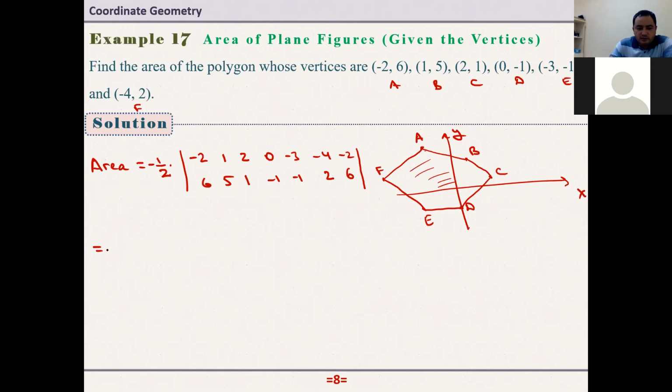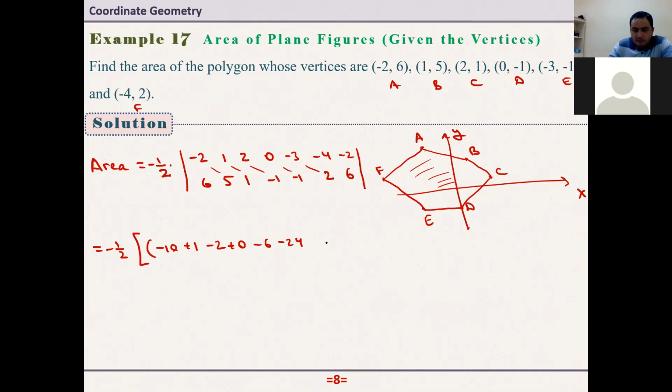Okay, that's equal to negative 1 over 2. Here we have negative 2 times 5, negative 10. 1 times 1 plus 1. 2 times negative 1, negative 2. 0 times negative 1 plus 0. Negative 3 times 2, minus 6. Negative 4 times 6, minus 24.